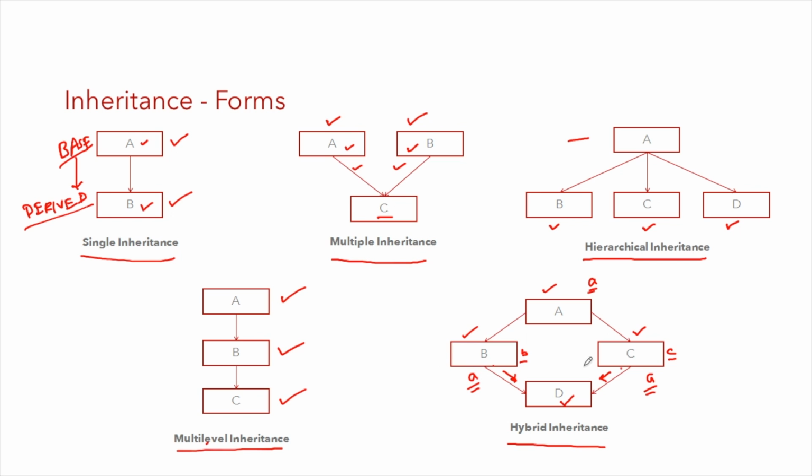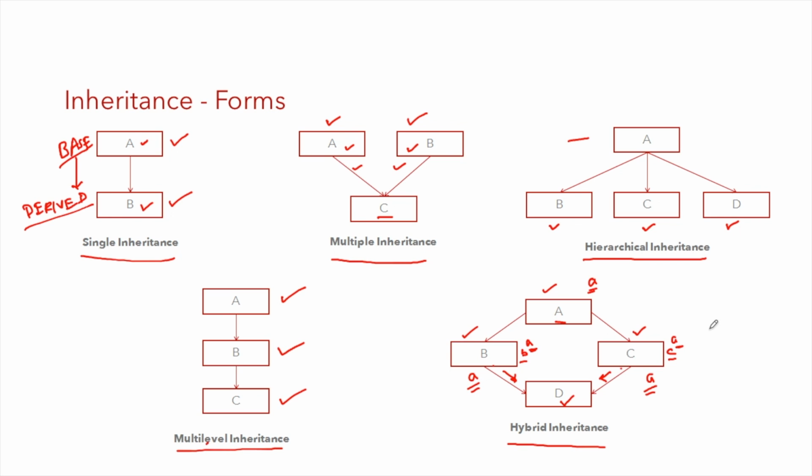But because B and C have already inherited A, there would be a copy of A here and also here. So now when we are introducing D over here, it becomes a problematic case for the compiler, because there is a clear ambiguity, because A is going to be repeated. So this special case is managed by a concept called virtual base classes.